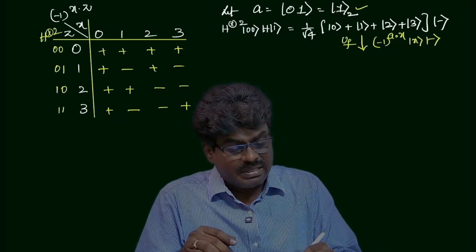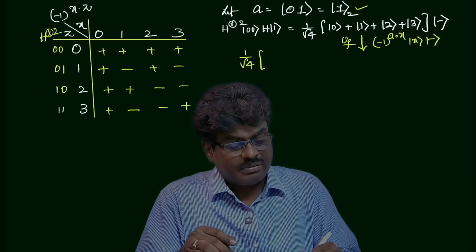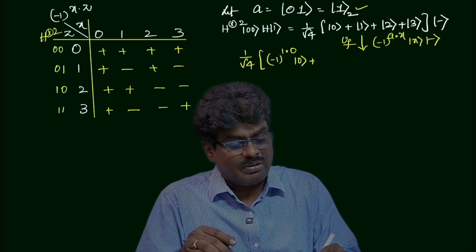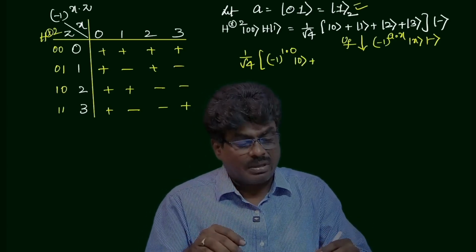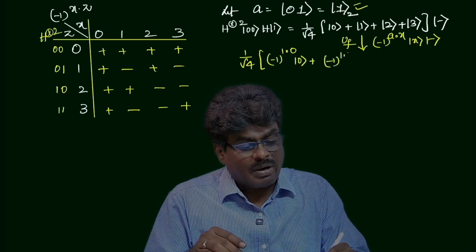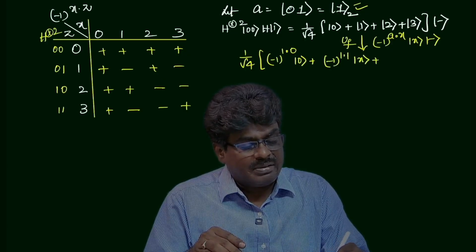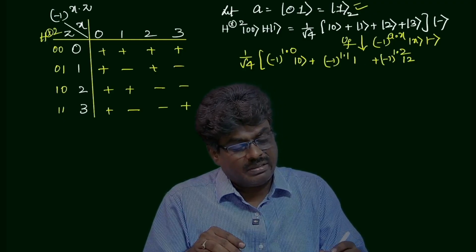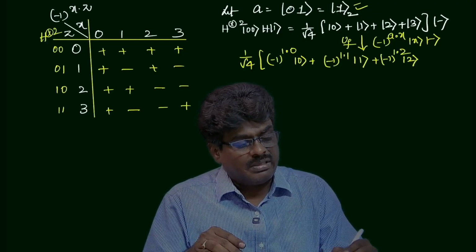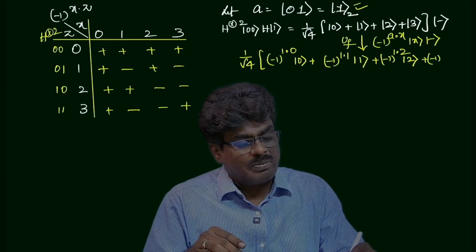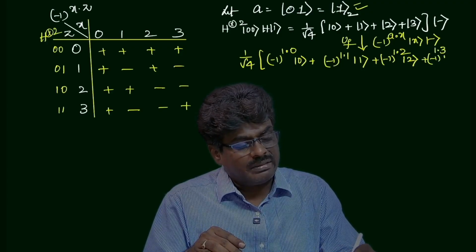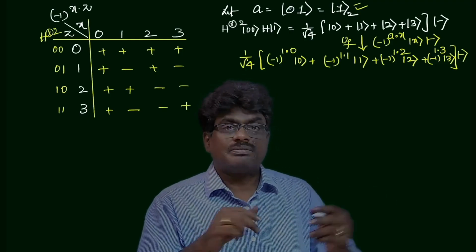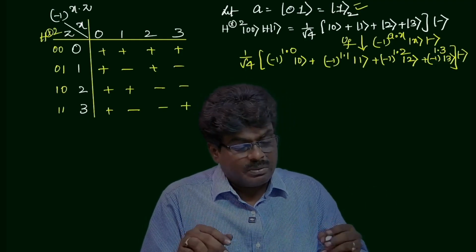So this is nothing but 1 over root 4, minus 1 whole power 1 dot 0 0, because here a is 1, minus 1 whole power 1 dot 1, x is 1 here, plus minus 1 whole power 1 dot 2, and here x is 2, plus minus 1 whole power 1 dot 3 3, and after that the minus state is as usual.